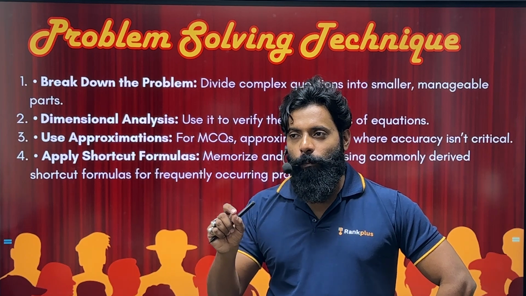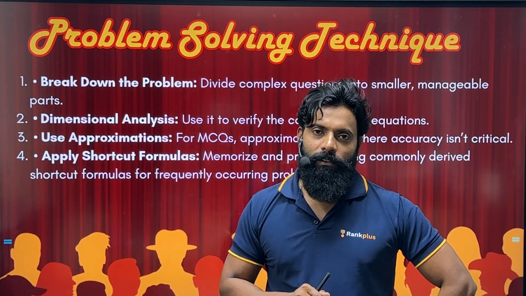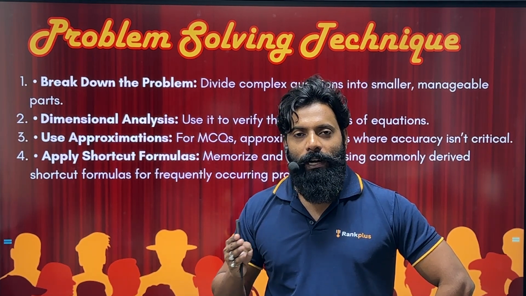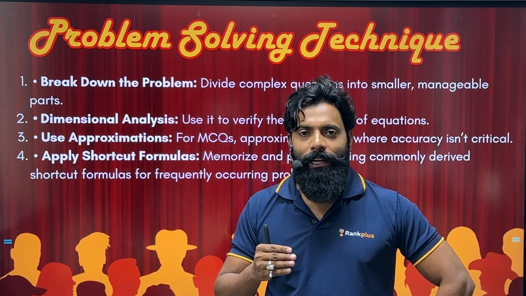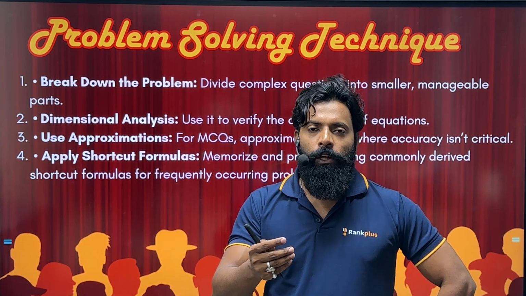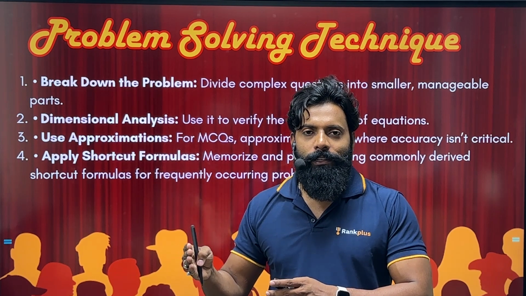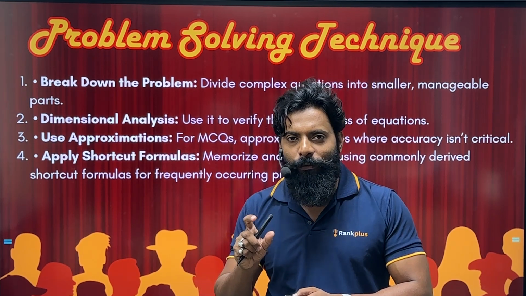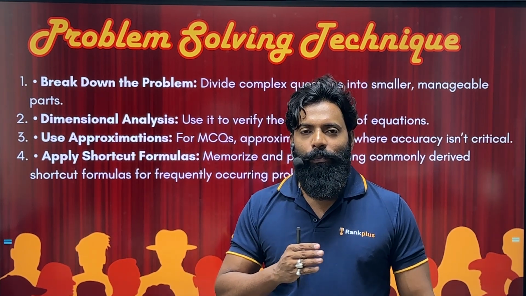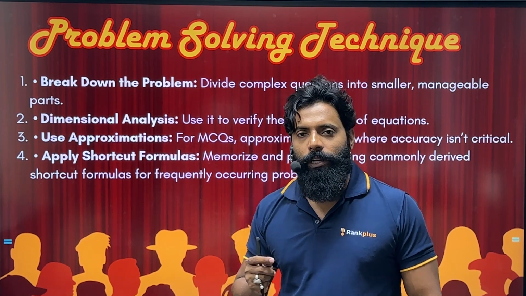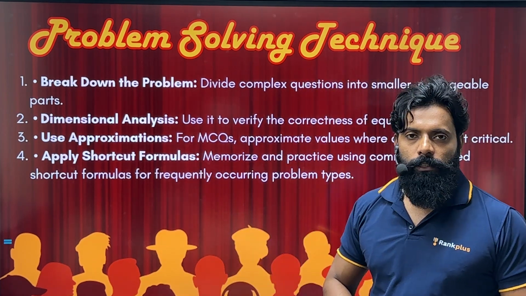You cannot take 12.12 as 12 then, because that will change your answer and that will ultimately give you a negative score. So if the difference between the options is very, very high, then only you can use the approximation method.